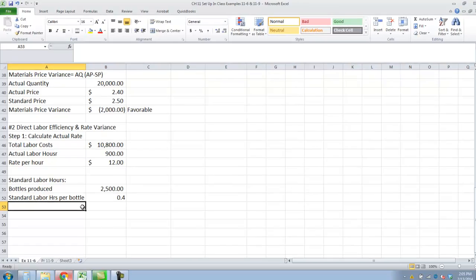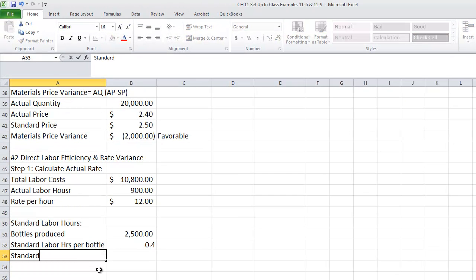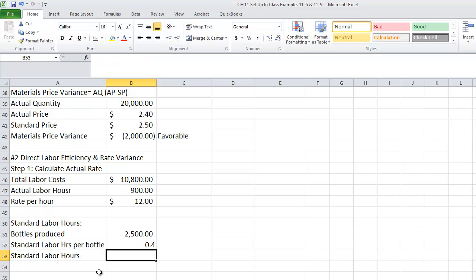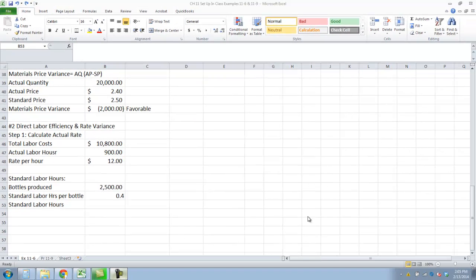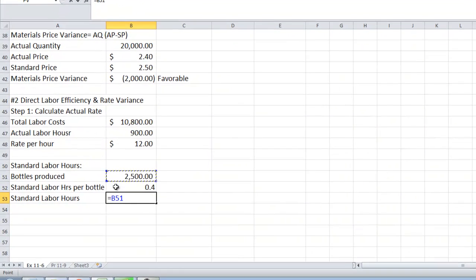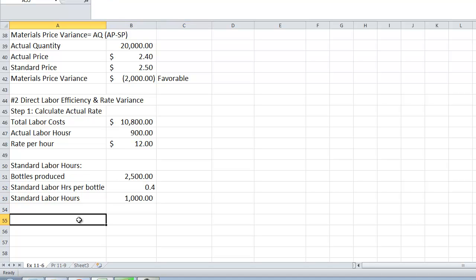So it equals 2,500 bottles divided by 0.4 an hour. Oops. Hold on one second. We shouldn't divide. It's 2,500 bottles and it takes 0.4. We're going to multiply. So we should have used 1,000 hours.